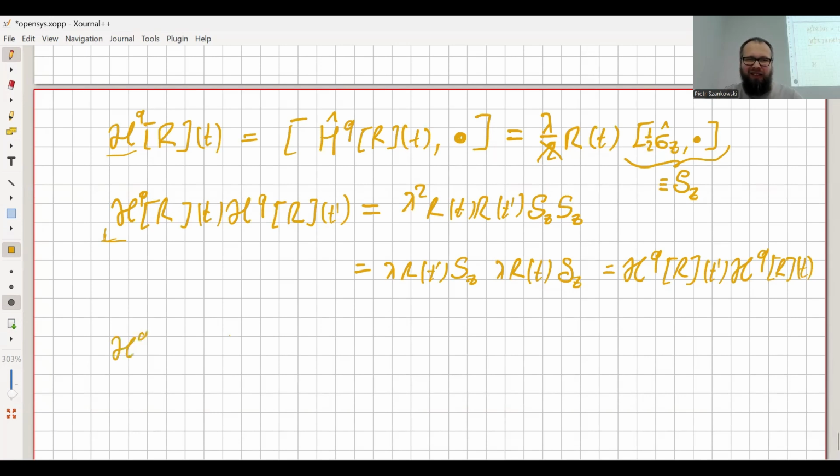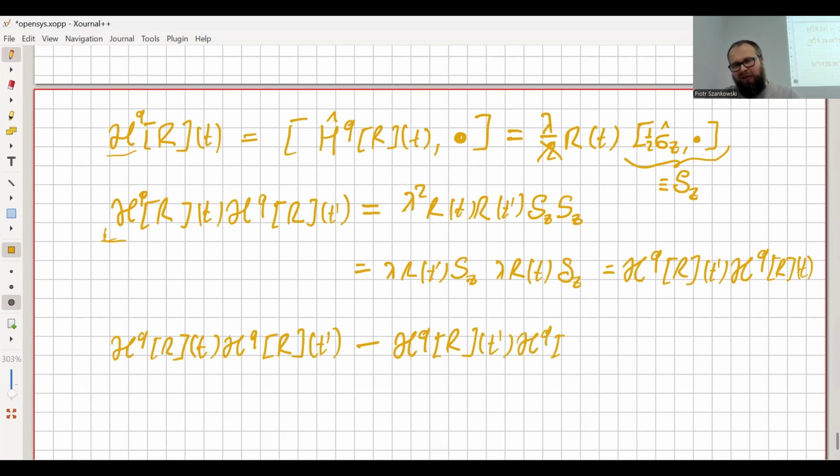Which means that H^q(R, t) H^q(R, t prime) minus H^q(R, t prime) H^q(R, t) equals 0.